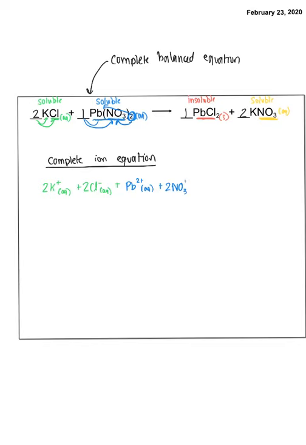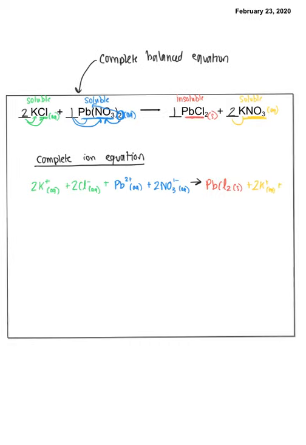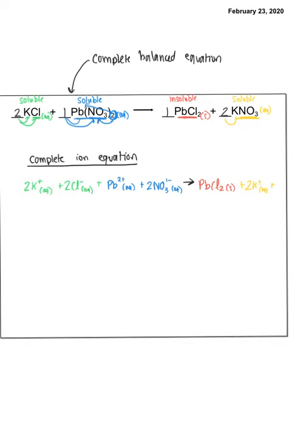So I have 2 of these nitrates that are aqueous. Solids, we leave solids all together. PbCl2, solid, plus. And now we do our last aqueous piece, 2K plus because of this 2, plus 2NO3 minus aqueous.